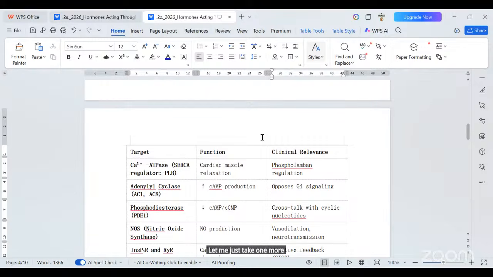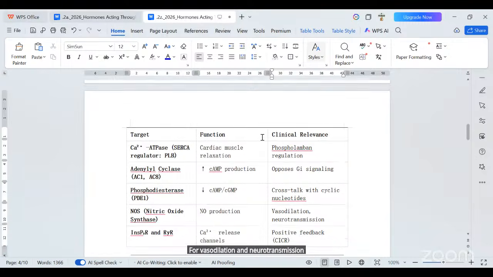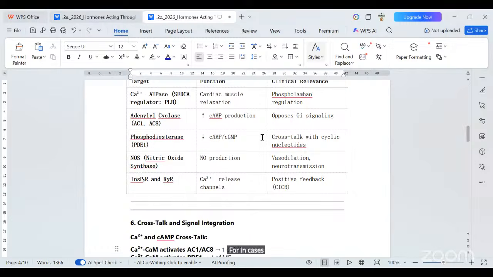You have the nitric oxide synthase, and it is clinically used for vasodilation and neurotransmission, in cases where maybe the patient is having issues with neurons, with transmission of nerve impulses.